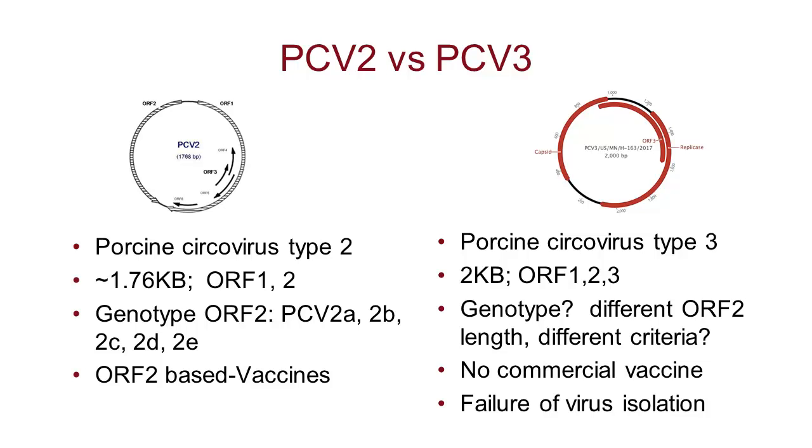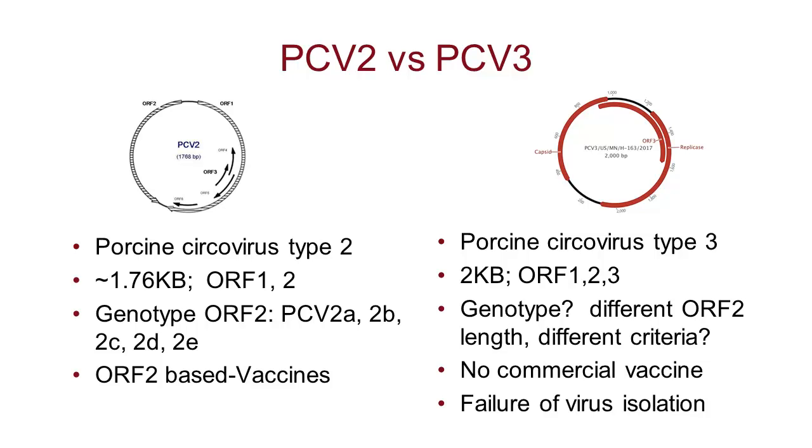As for PCV3, the genome is a little bit bigger, about 2 kilobase. And 3 open reading frames have been predicted. And we have no good criteria to classify the PCV3 virus into different genotypes. One reason is this virus genome is very similar.